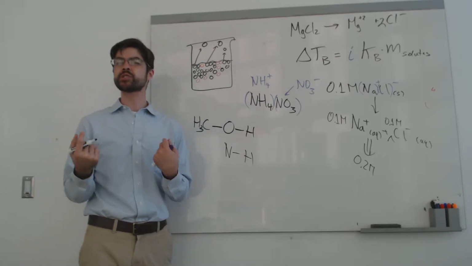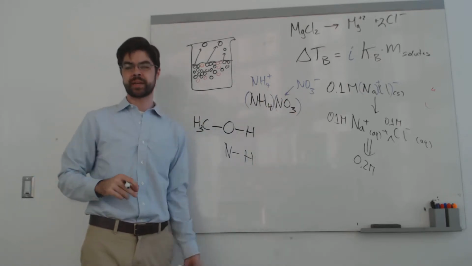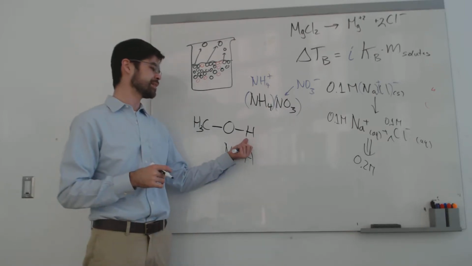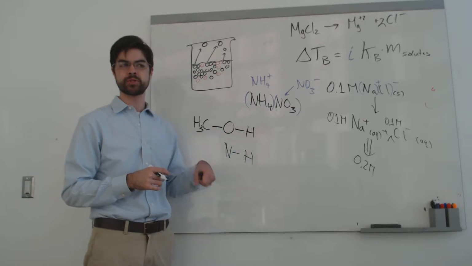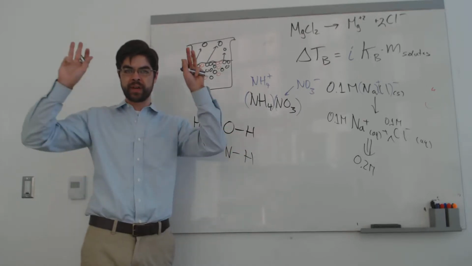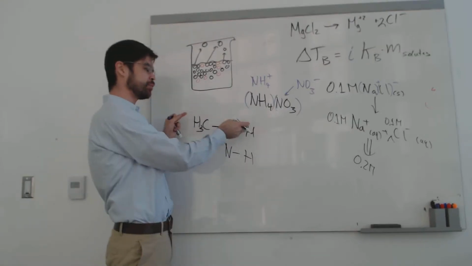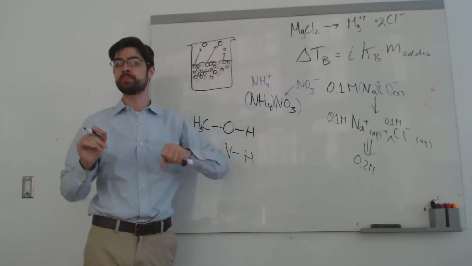Let me specify. Hydrogen bonding is a type of intermolecular interaction. It's a type of intermolecular force. Just because something has hydrogens bound to it doesn't mean that it's capable of hydrogen bonding. Hydrogen bonding is not chemical bonding. It's not within a molecule. It's between molecules.